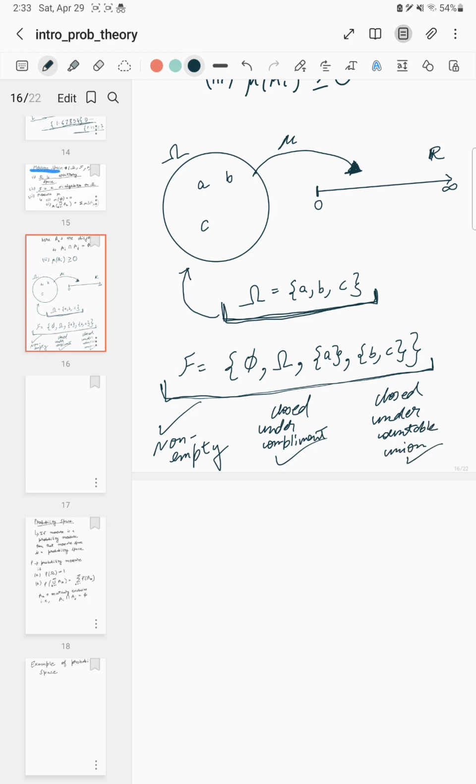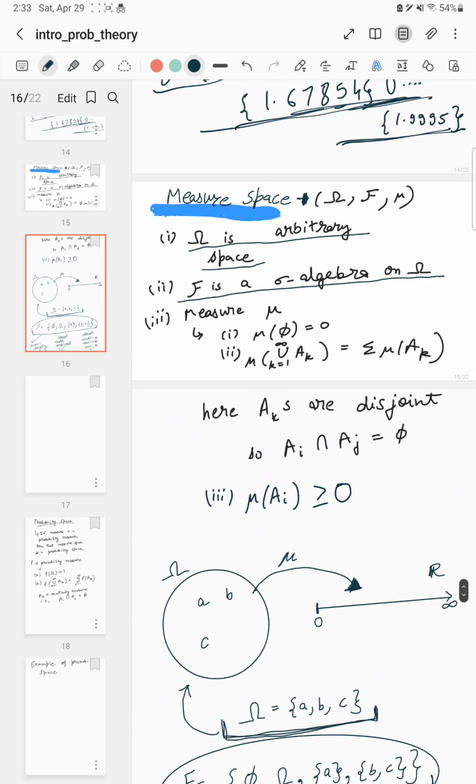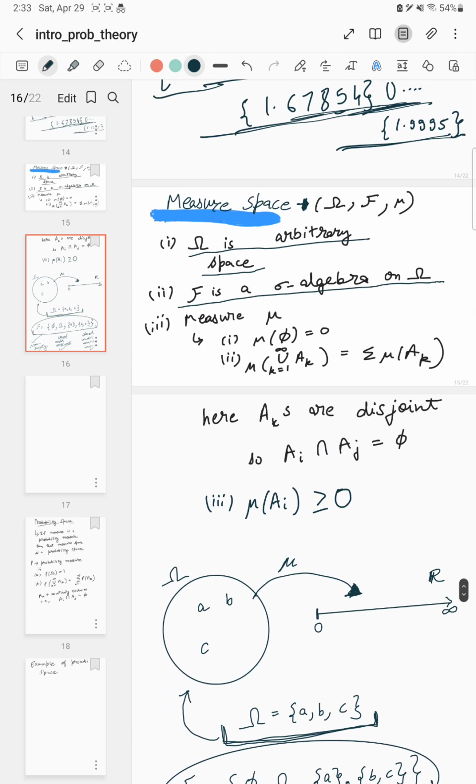Hence, in this case, F forms a sigma algebra on omega.